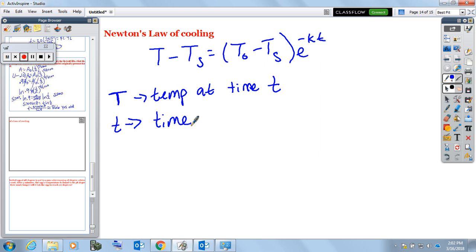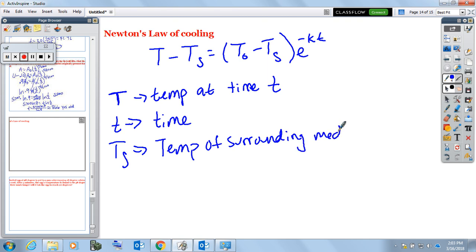And now we look into the T sub s. T sub s focuses on the temperature of the surrounding medium: the water in the case where we drop the silver into it, or the air in the case of your soup just sitting on the counter. There's your T sub s.